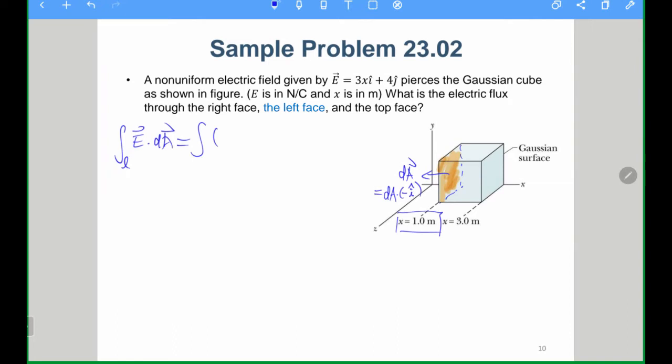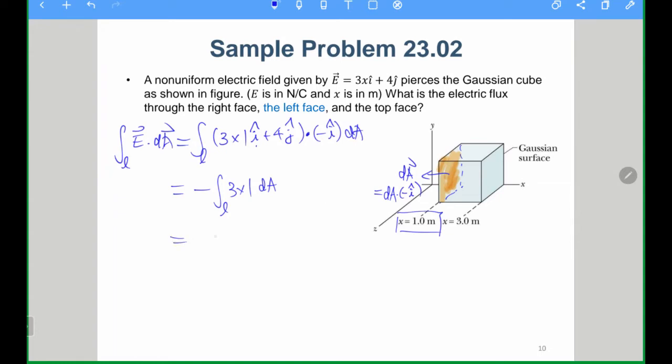So we have (3 times 1 i hat plus 4 j hat), dotted with negative i hat dA for the left surface. Okay, so here i dot i is 1, so we have negative 3 times 1 dA for the left surface. And then j dot i is 0, so we don't have the second term.